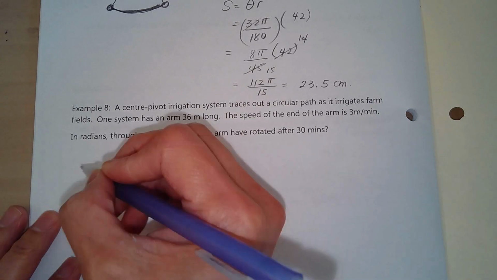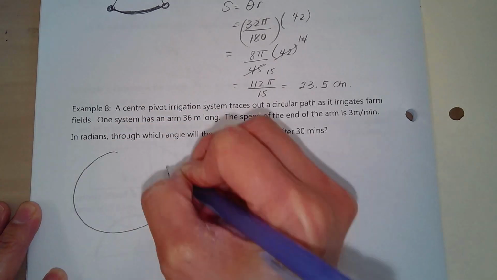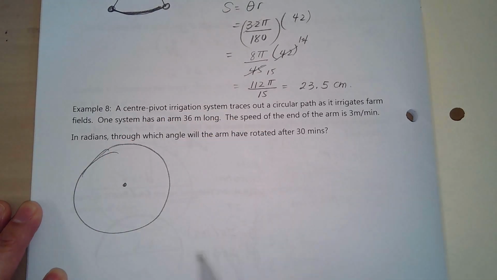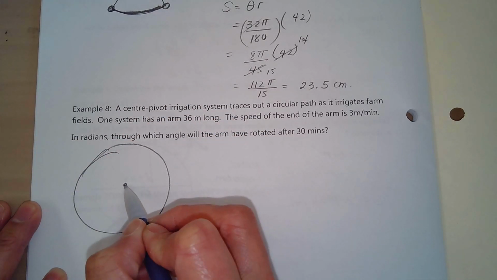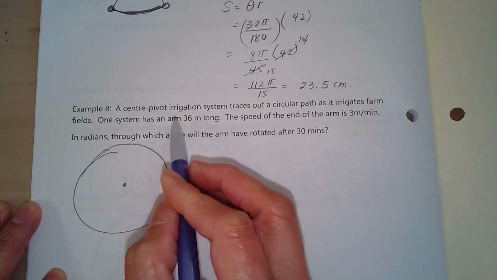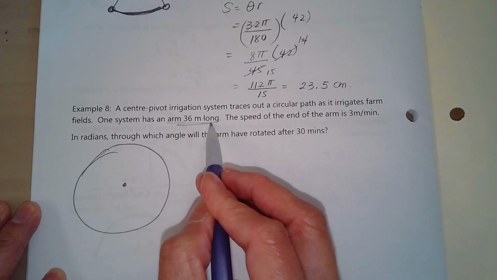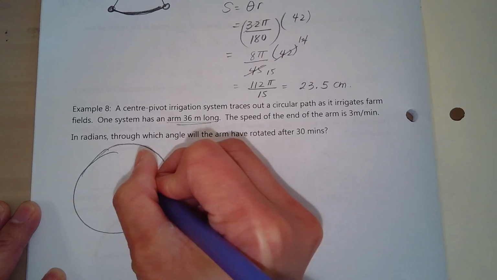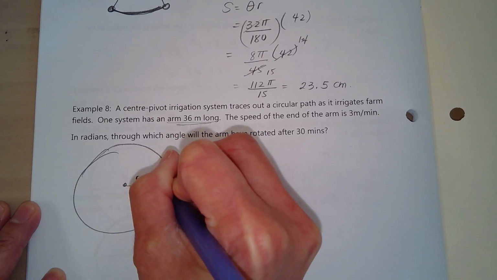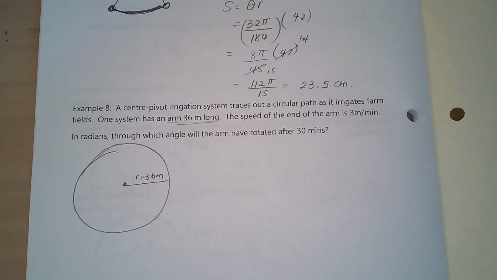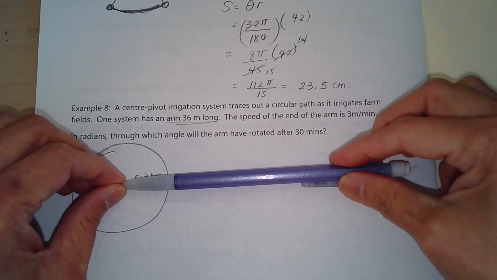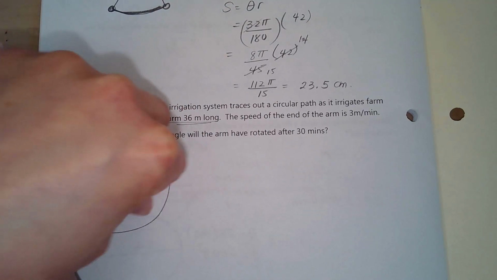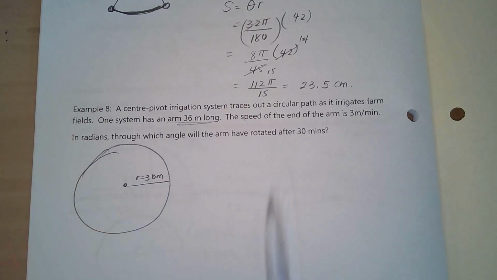So here, let's see. I like the visual, as you know. So this is the pivot, the center. And one system has an arm 36 meters long, so that means the radius is 36 meters long. So it's like that, and it sprays water as it goes around like that.